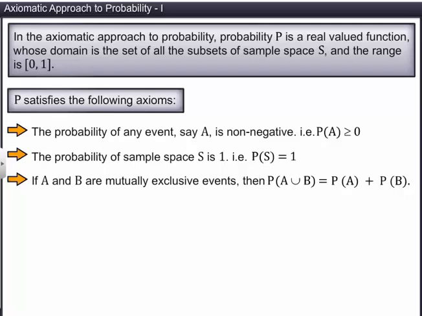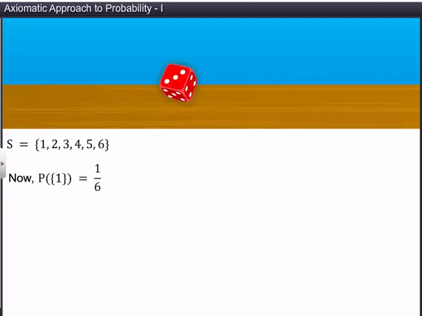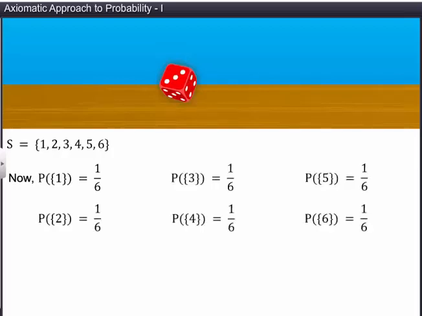Let's consider an experiment where a die is rolled. The sample space associated with this experiment is shown. Thus, the probability of the event getting 1 is 1/6. The probability of the event getting 2 is 1/6, and so on. In all the cases, we notice that the probabilities of the events are equal, which is 1/6.